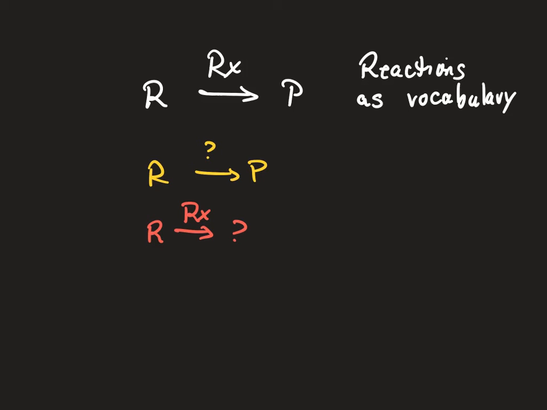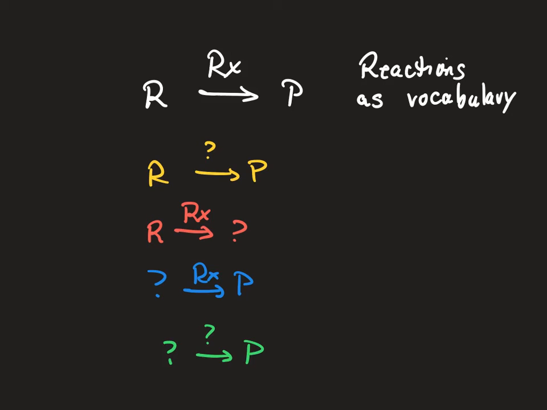Right? We might give you the reagent and the product and ask you what kind of reactant would be appropriate to complete that reaction. Right? And then we can also do ones where we just give you a product and say, what could you make that product from and what reagents would you need?